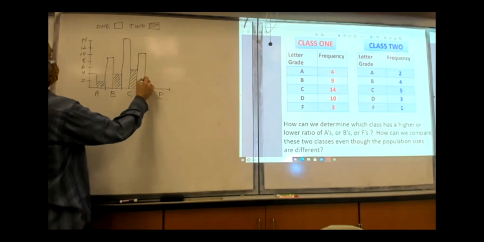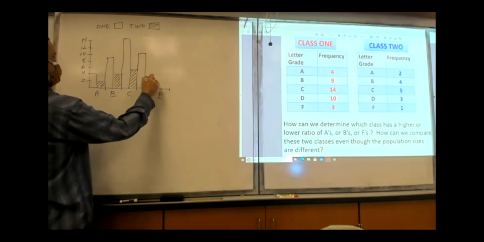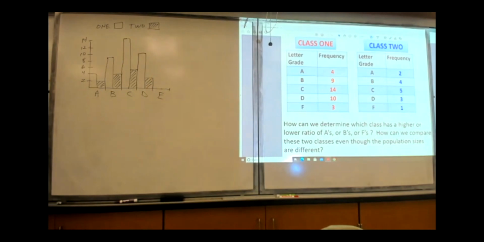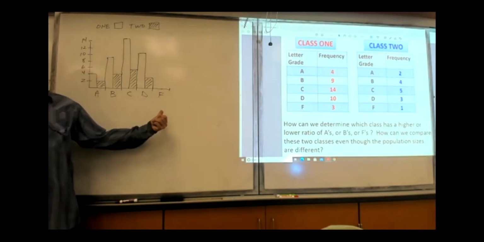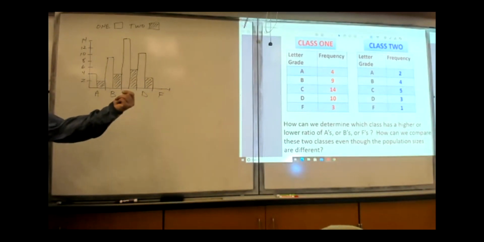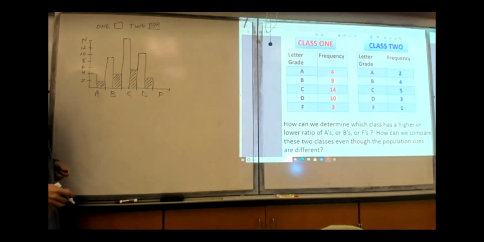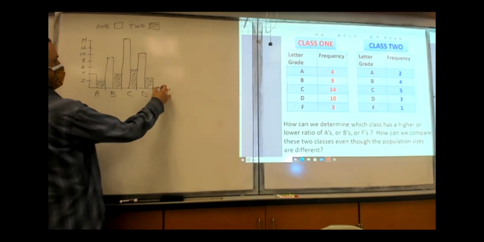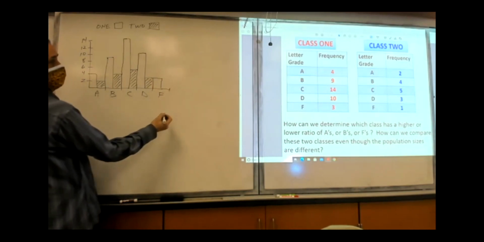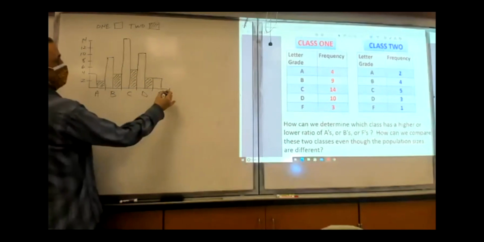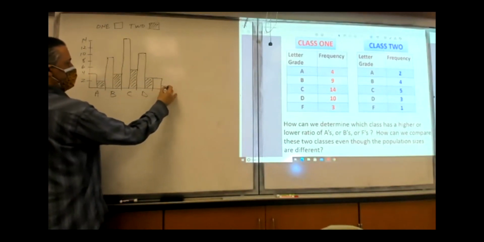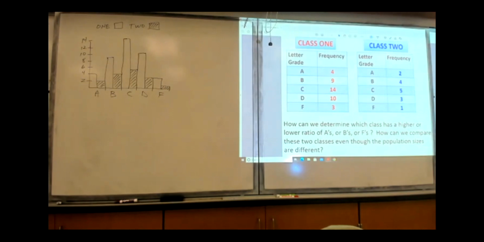There's only 3 D's in class 2. And then with grades, we skip the letter E. That still raises questions why people do that. Probably because the letter F is fail, which is basically what that means. Okay, so there's 3 F's in class 1, only 1 F in class 2. Now, if you look at that, it looks like, wow, there's a lot more A's, B's, and C's in class 1.